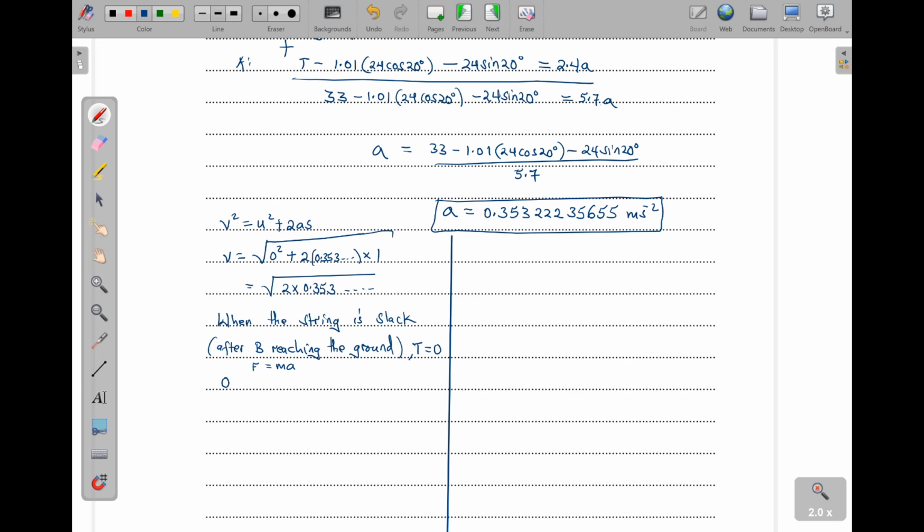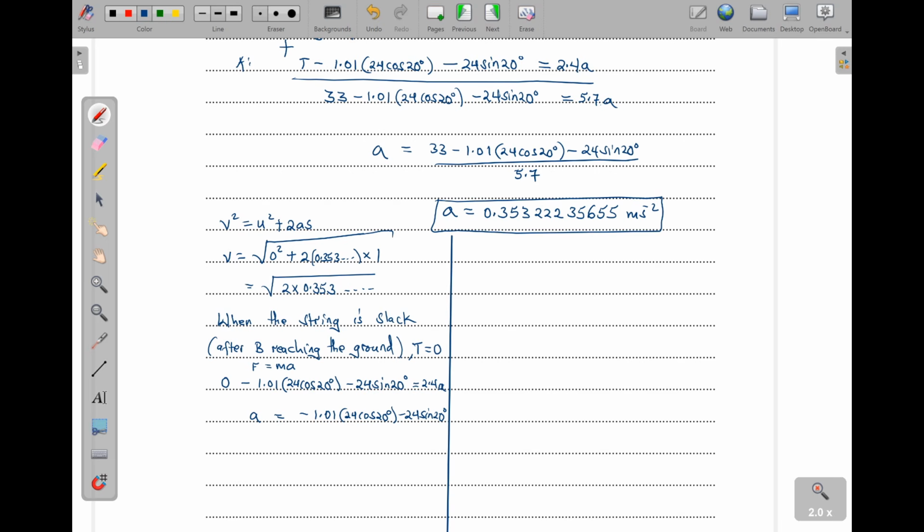Now 0 minus 1.01, then 24 cos 20, then minus 24 sine 20 is equal to 2.4a. So meaning acceleration is going to be negative 1.01 times 24 cos 20 minus the 24 sine of 20.